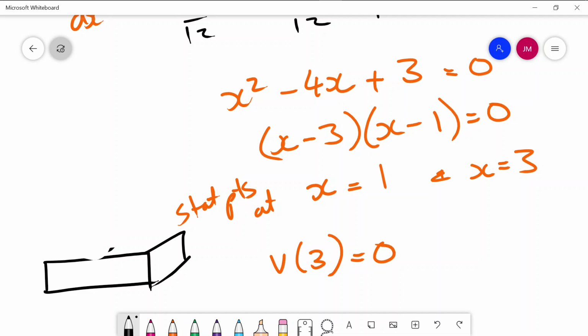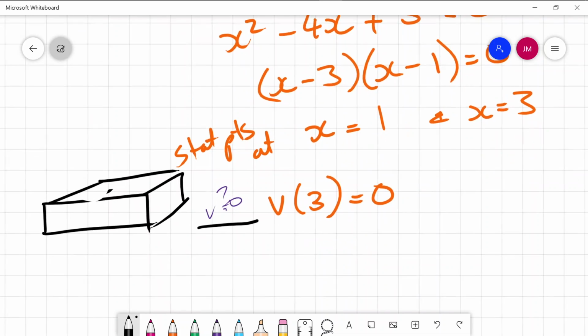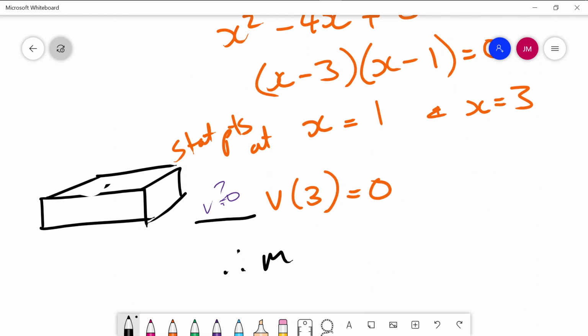So here's our box originally. You'd end up getting a box that looks like this. So there's my picture, I've just underlined it. That's right, it's nothing. There's no box. Volume equals 0, because you cut all the metal off. It's just a flat piece of metal. So, therefore, the maximum must be at x equals 1.